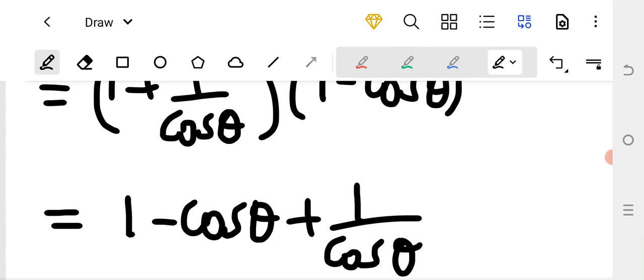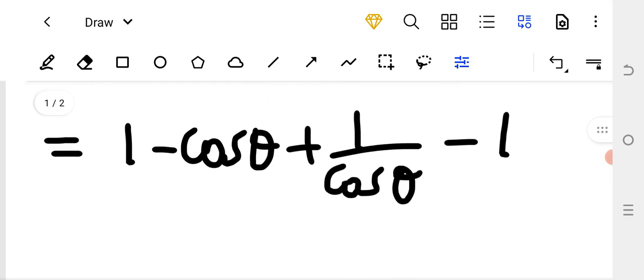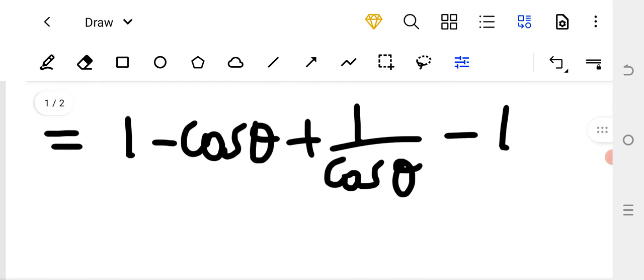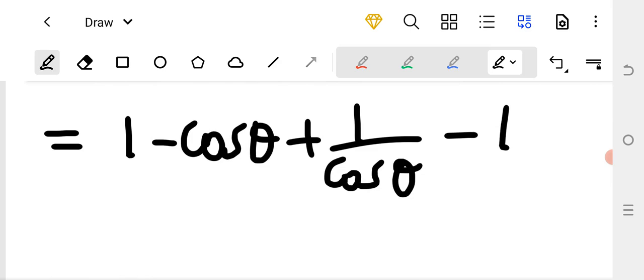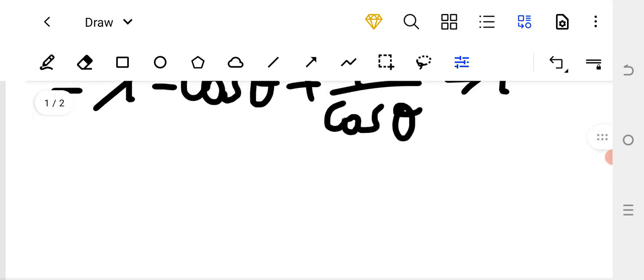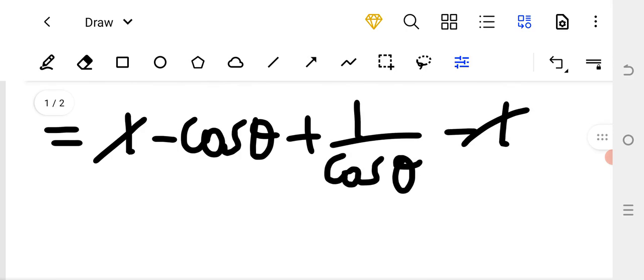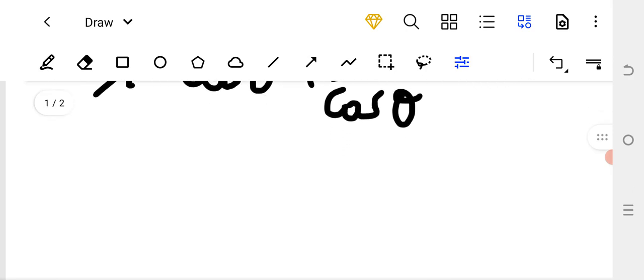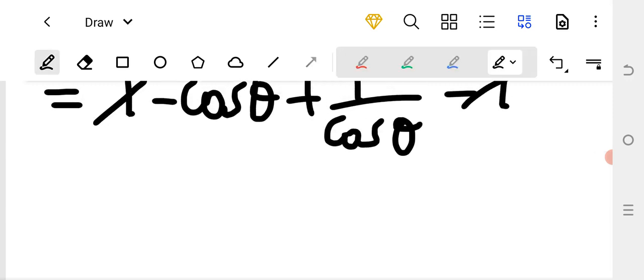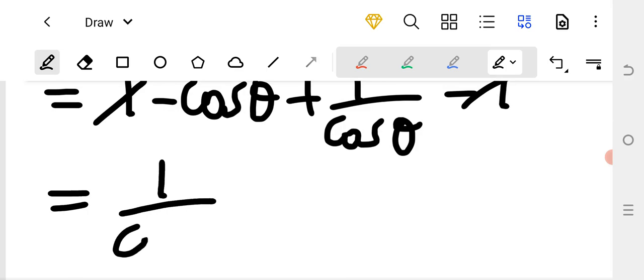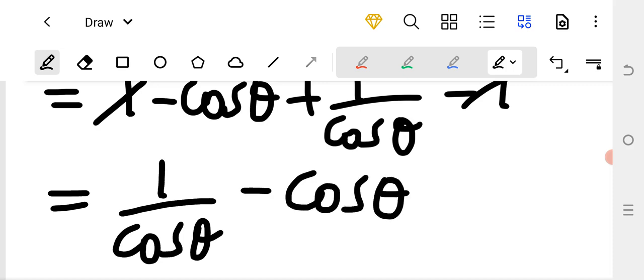The cos thetas are going to cancel out, you're going to be with the negative 1, like that. Then after reaching here, as you can see, the positive 1 will cancel out to the negative 1 to give us 0. So we remain with 1 over cos theta minus cos theta. Okay, so we'll say is equal to 1 over cos theta minus cos theta.